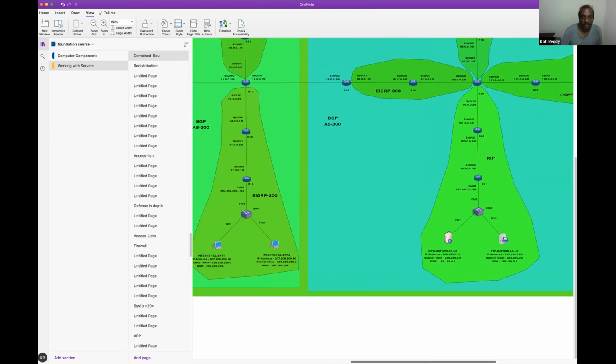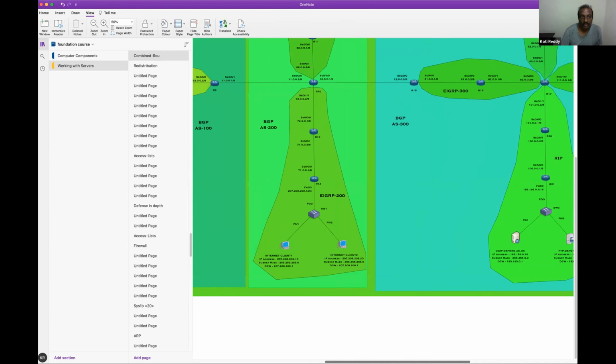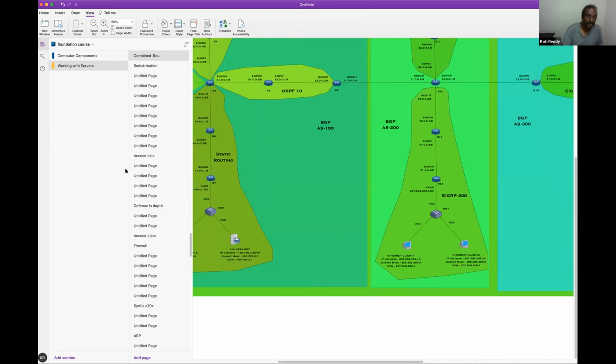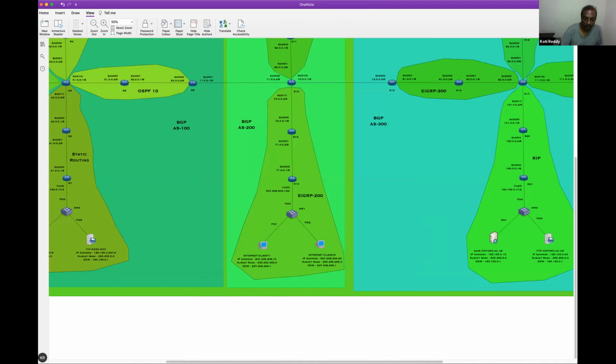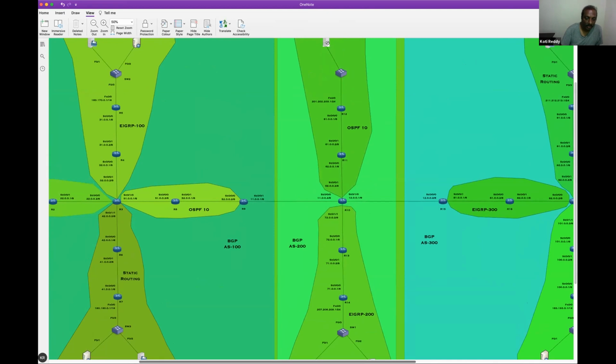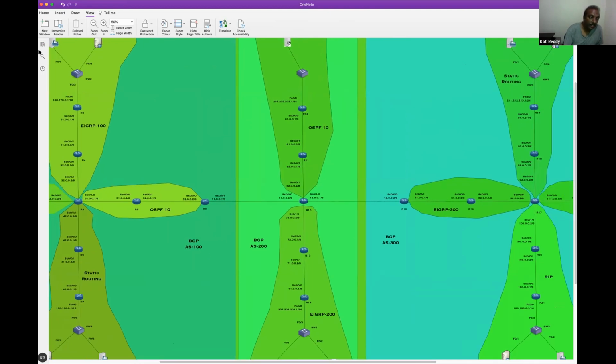Now it's correct. Okay. I'm trying to configure BGP routing protocol between these two routers, R9 and R10.